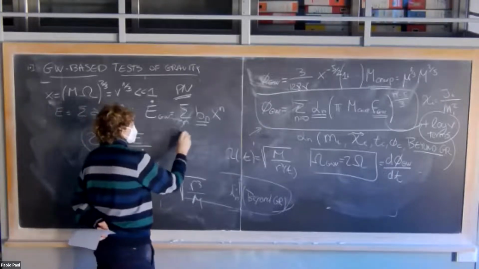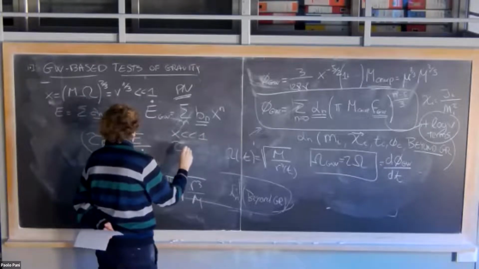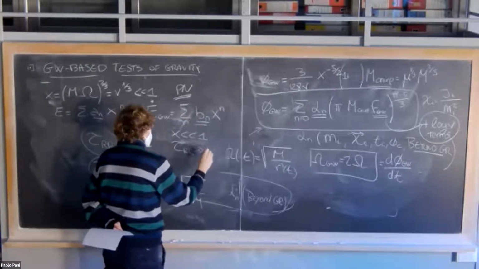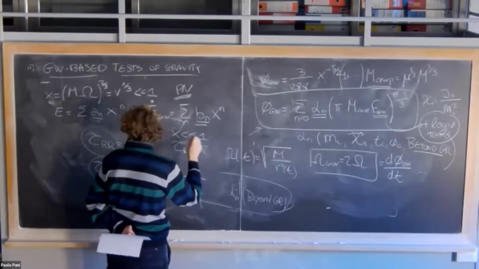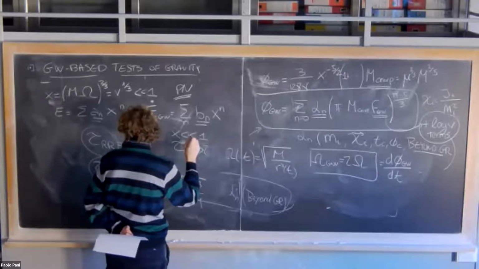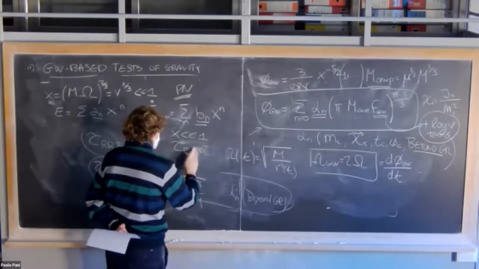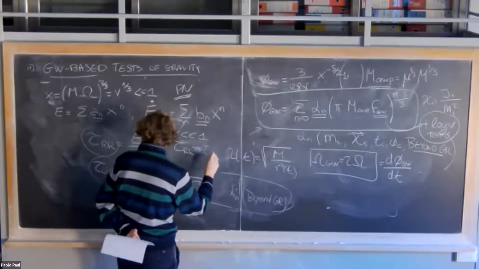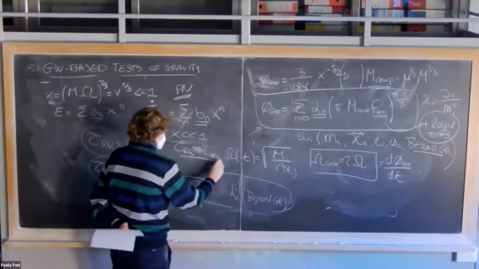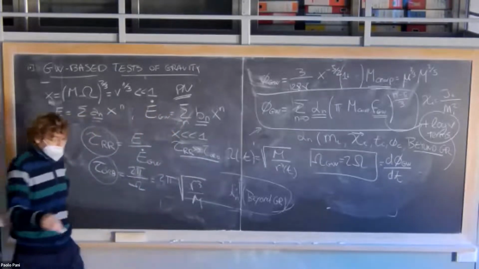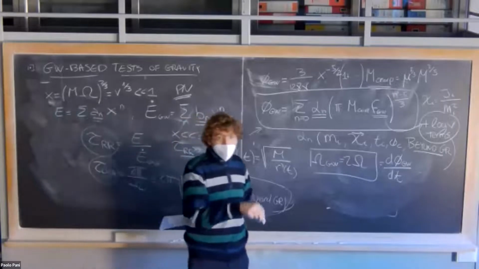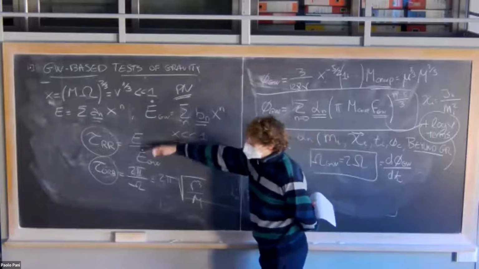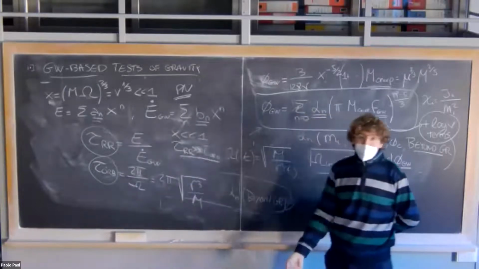So when x is much smaller than unity, tau radiation reaction is much larger than tau orbit, which essentially means that during a certain number of orbits, we can take the radiation reaction term to be constant, and therefore apply an adiabatic approximation.